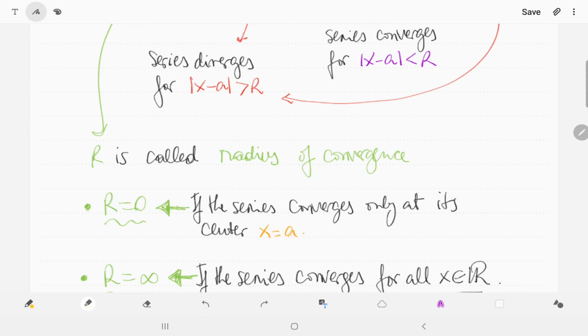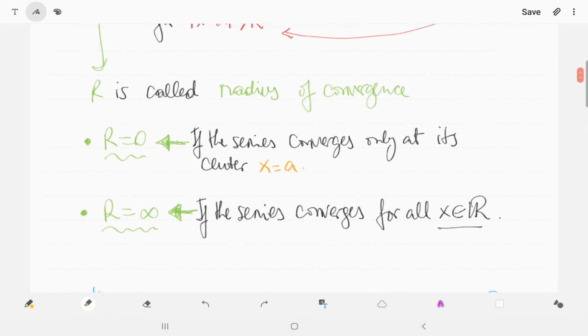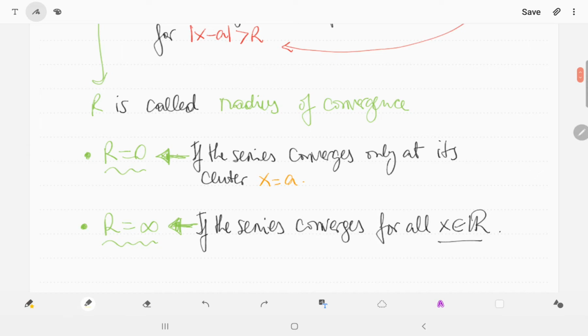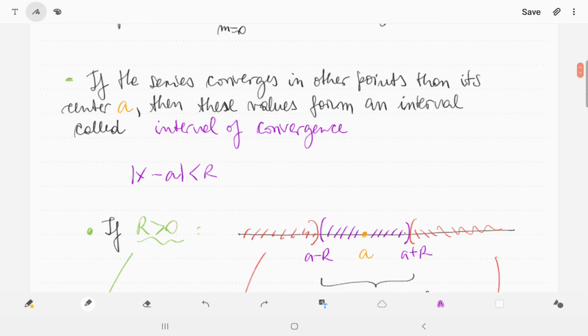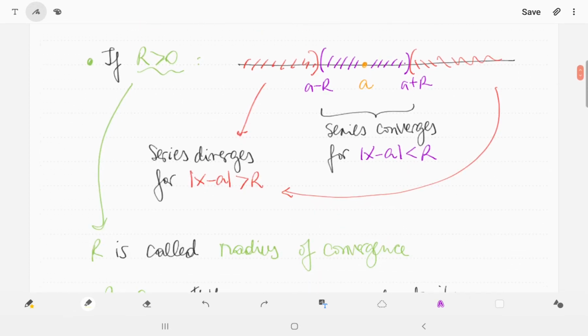There are no more points, just the center. And if the series converges for every x in R, then the radius of convergence is infinity. So we will have these 3 cases each time we are working with power series.